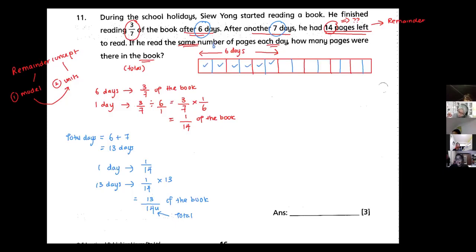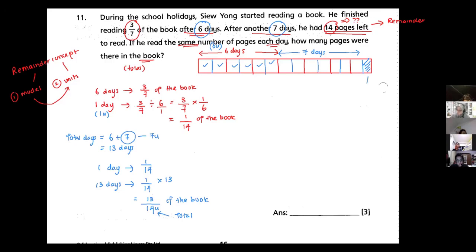1, 2, 3, 4, 5, 6. This is 6 units, right? Why? Because 1 day is 1 unit. So 1 day is 1 unit, so the 7 days will be 7 units. So all you have to do is draw an arrow for 7 days all the way until here. Okay, and then you realize that there is one left over.